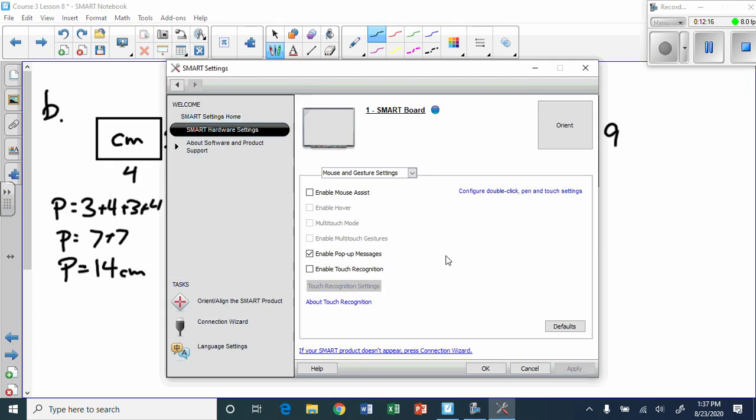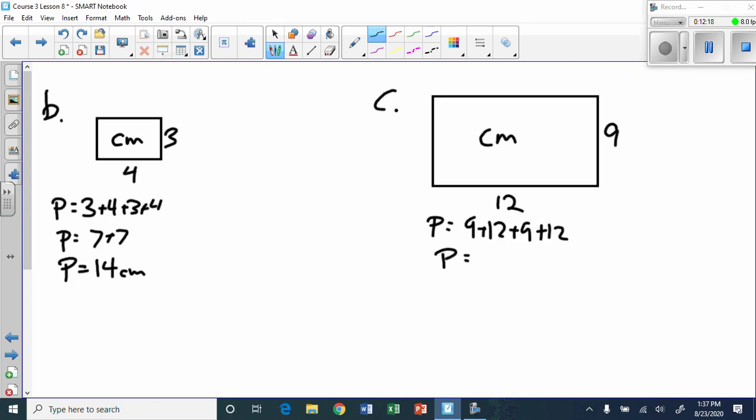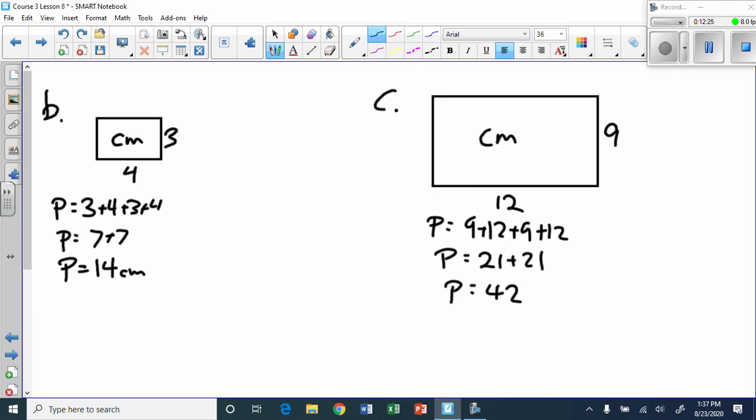So perimeter, perimeter equals 21 plus 21. Perimeter equals 42. So there's our perimeter. Draw the picture.